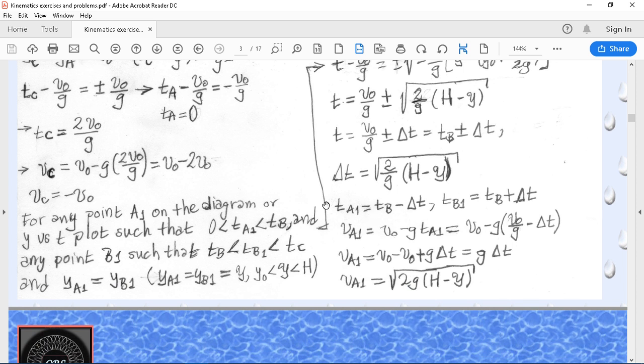Now, having that TA1 equals TB minus delta T and TB1 equals TB plus delta T, now we can proceed to calculate VA1 and VB1.